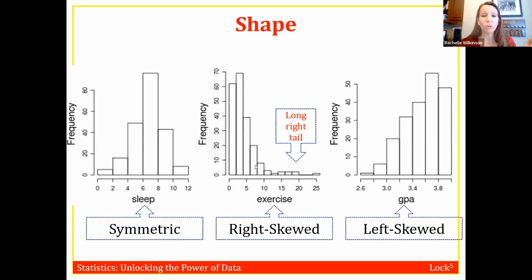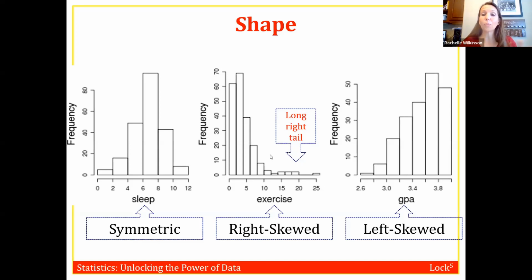If I wanted to, like this exercise histogram, we can see that it goes from 0 to 25. But if I want to be a little bit more specific here, I could say, well, most people exercise between 0 and 10, and then there were a few people that exercised between 10 and 25.